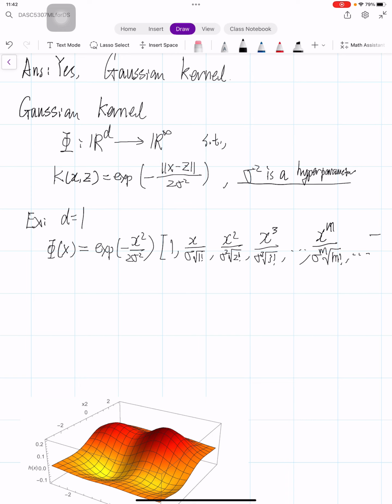So it's a vector with infinitely many terms.